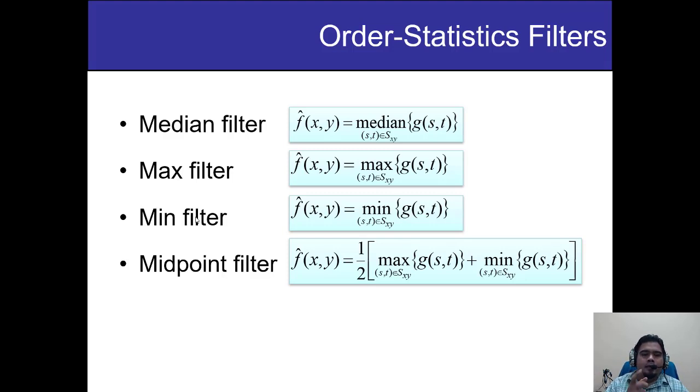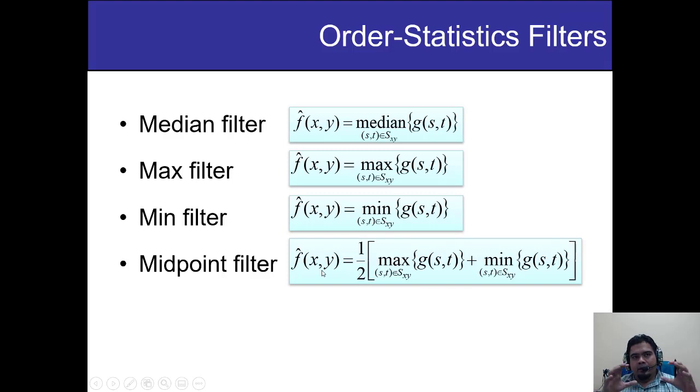So the one that is something new to you is what we call the midpoint filter. It's not so difficult. You just take the maximum value and the minimum value, add them together, and divide by 2.